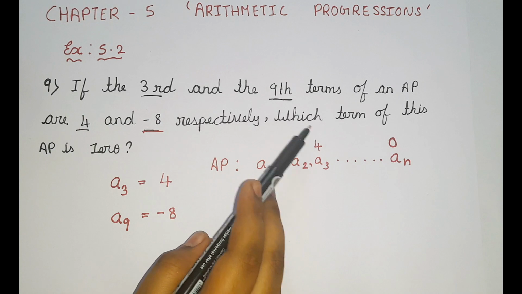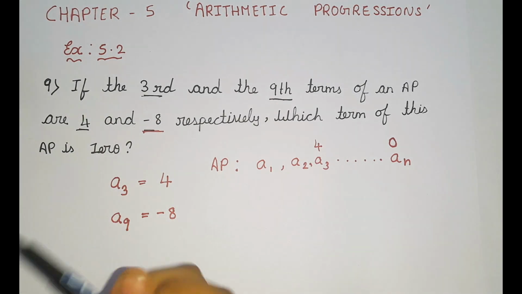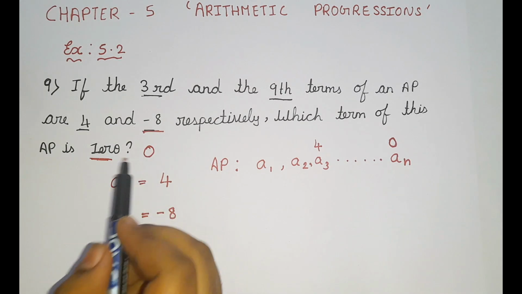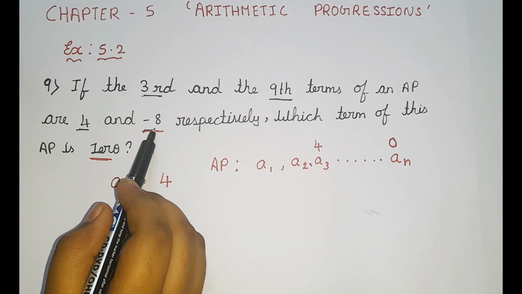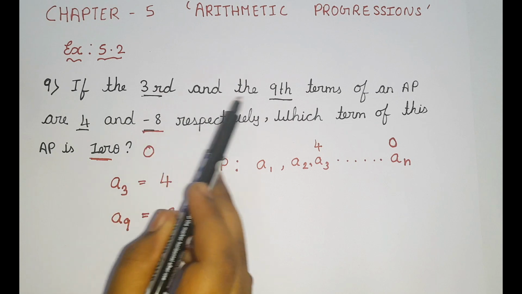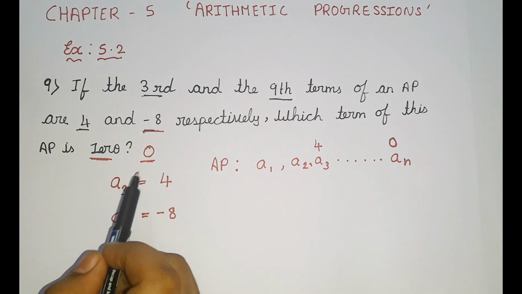They mentioned which term of this AP is 0. So we know the number, the number is 0, but we don't know which term it is. Here we have 4 and minus 8, so we know the terms: 4 is for the third term and minus 8 is for the ninth term. Here we know only the number, but we don't know the term.